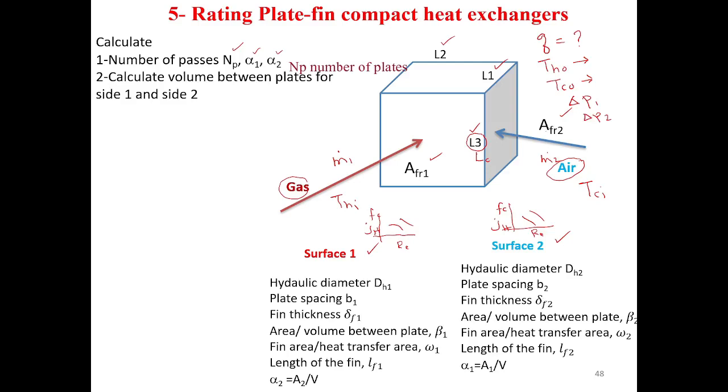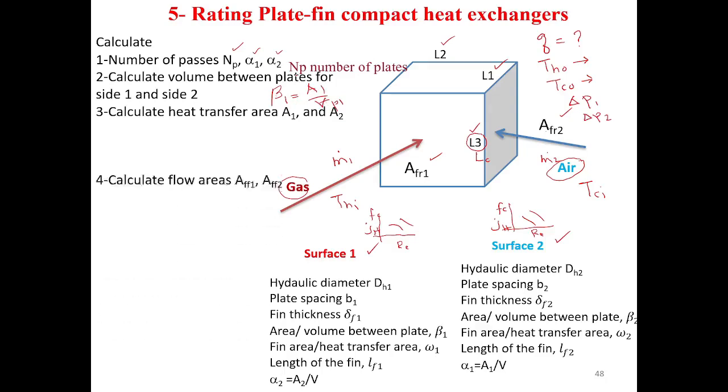You can calculate the volume between the plates, since you know everything about surface 1 and surface 2. You can calculate the heat transfer area, since beta is known. For example, beta 1 is A1 divided by the volume between the plates 1. Since you have calculated the volume between the plates and you know beta, you get A1, and the same thing for A2.